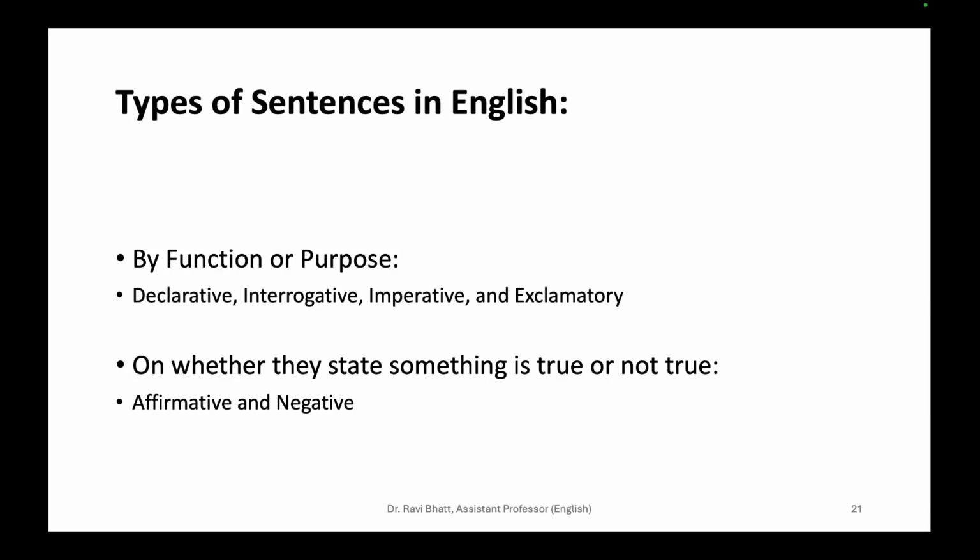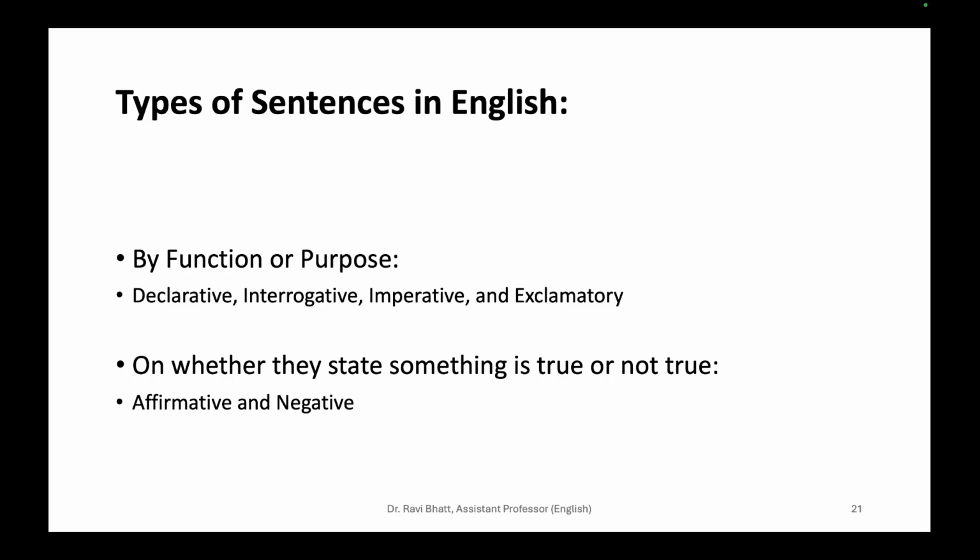And on whether they state something that is true or not true, that is affirmative and negative. Declarative sentences make statements. Interrogative sentences ask questions. Imperative sentences give a command or request. And exclamatory sentences express strong emotions, like the word suggests, exclamation.